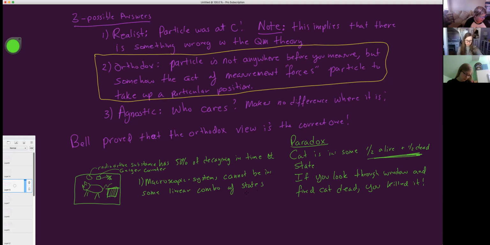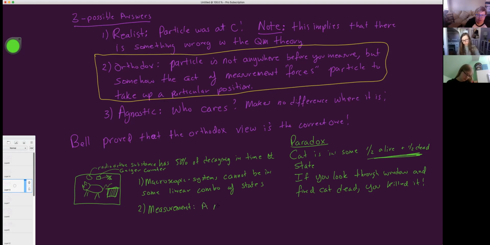But if that's the case, what is the measurement that we're talking about here? It's not when you look through the window. The resolution is that measurements are very specific in quantum mechanics, and defined as such.